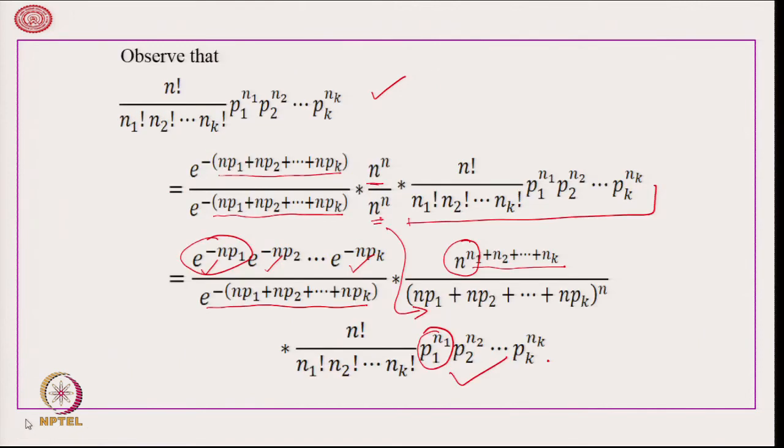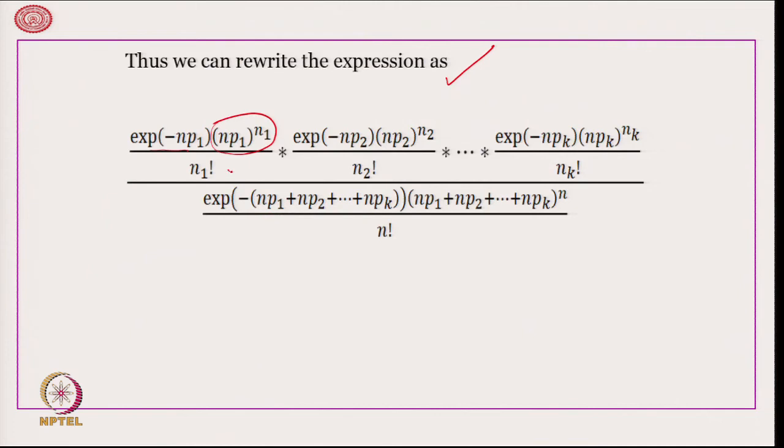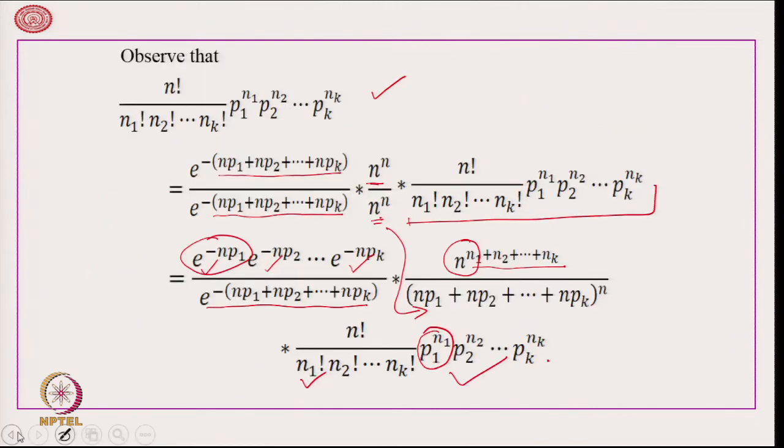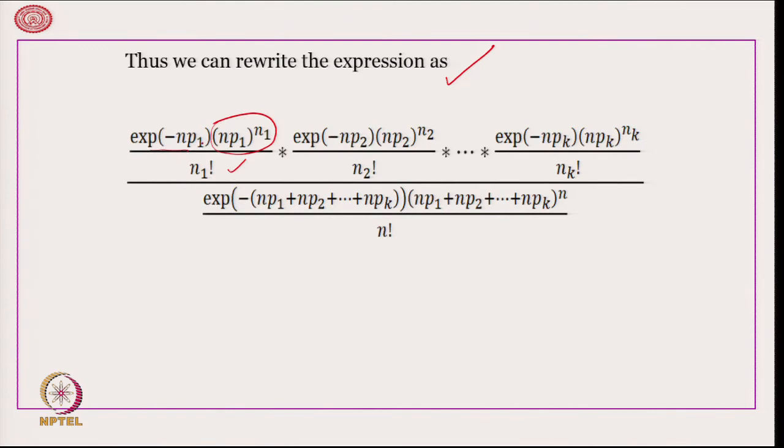Then there is an n1 factorial which comes here, and therefore the entire expression is e to the power minus np1, np1 to the power n1 upon n1 factorial, like that up to e to the power minus npk, npk to the power nk upon nk factorial.